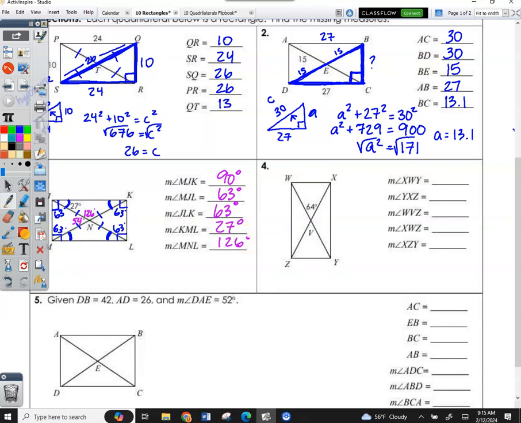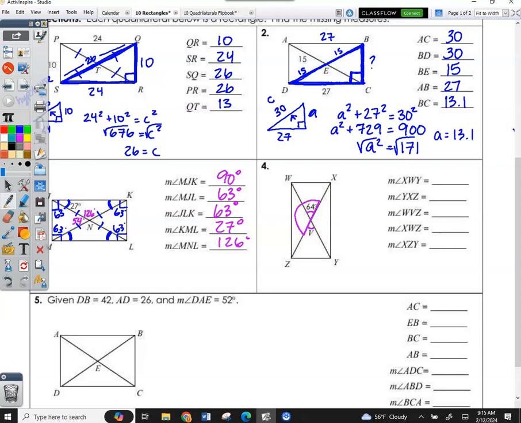Number 4 is the exact same type of problem. The angle they give you is not one of the isosceles, it's one of the vertex angles. If this is 64 here, then what's this? 64. This would make a linear pair, right?